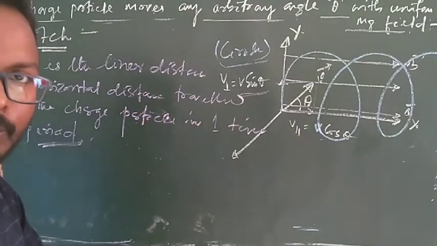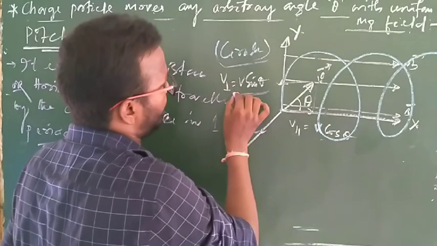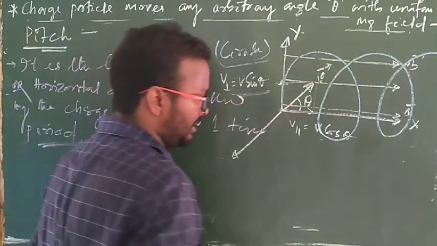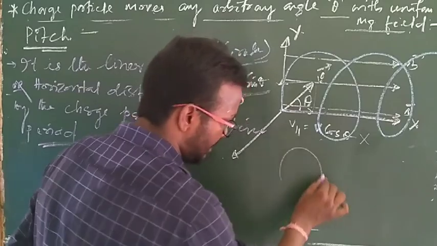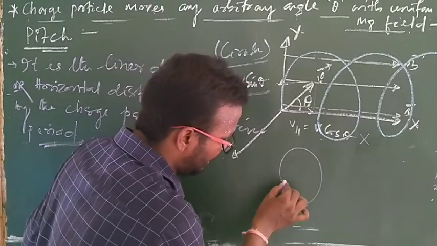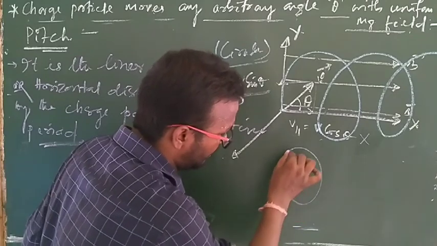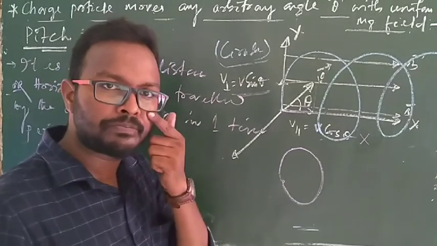suppose there is only one component, the perpendicular component, and there is no parallel component, then the path will be circular. Then what is time period here? Time period means if this is the starting point and this is the final point, this is called one time period. Clear?